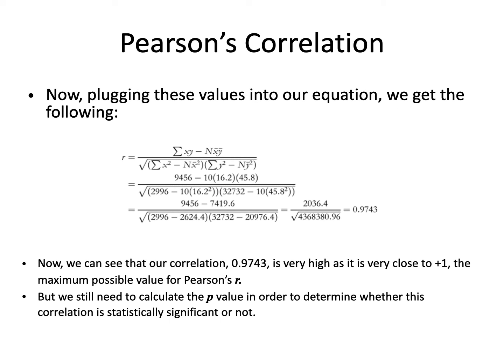Now we just plug these values into our equation, which is the formula for the Pearson correlation. Once we plug in these values, we get the correlation coefficient, which is 0.9743. This is a simple example of Pearson correlation, and we can see the value of this coefficient is positive and close to 1.